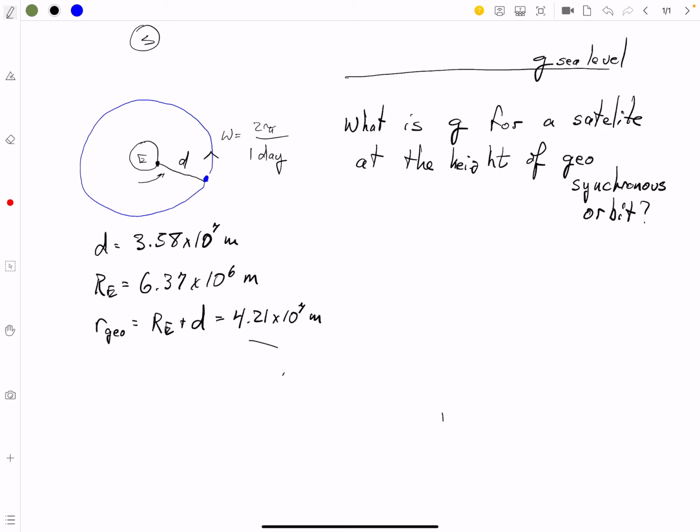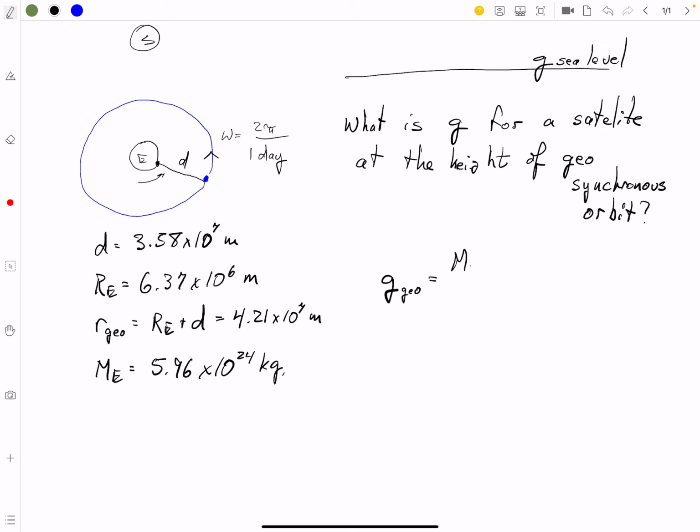The mass of the Earth is 5.96 times 10 to the 24 kilograms. Should we eliminate these guys? All right. So we got that. Now all we have to do is figure out what g geo is.